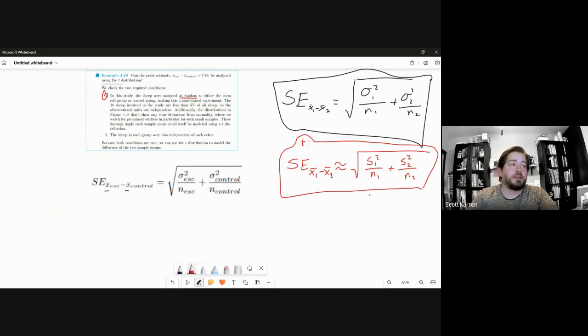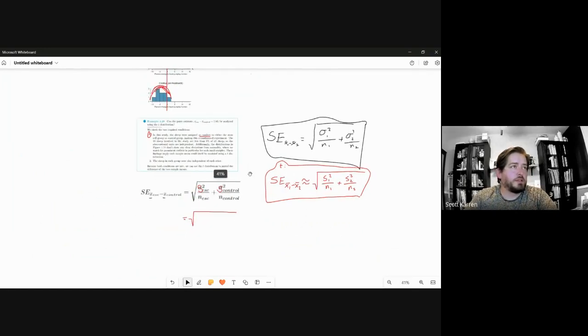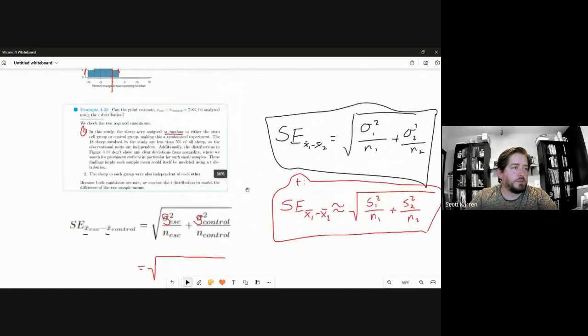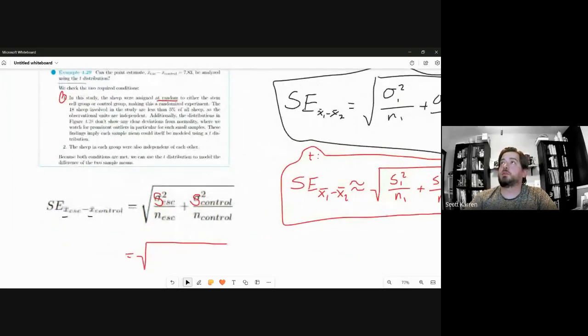So plugging these values in, right? In this case, we're going to use the S version of this because that's all we have. So if I plug these values in, I don't have those values in front of me. Let me just copy them from over here and repaste them.